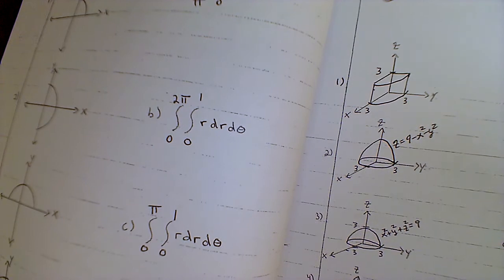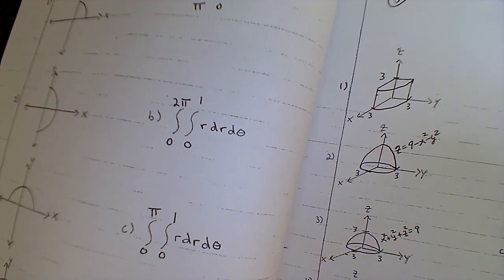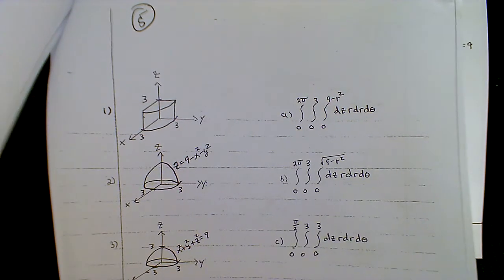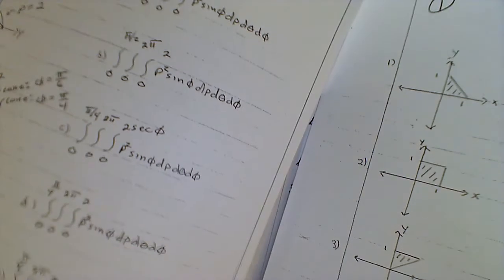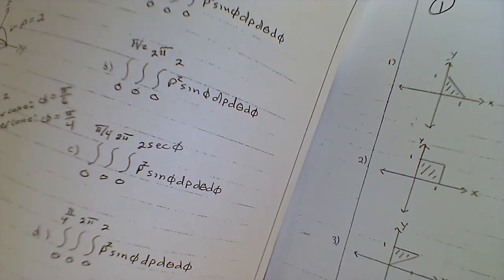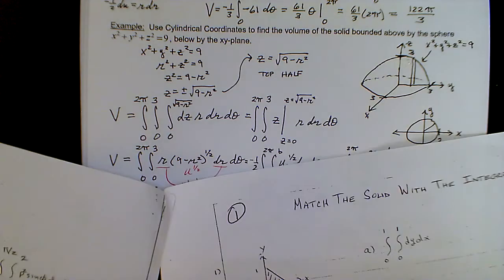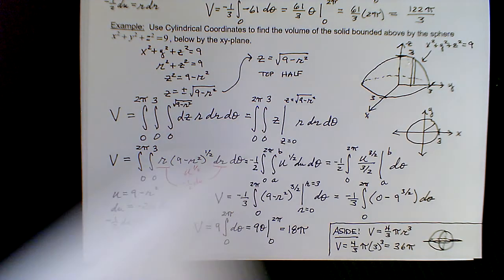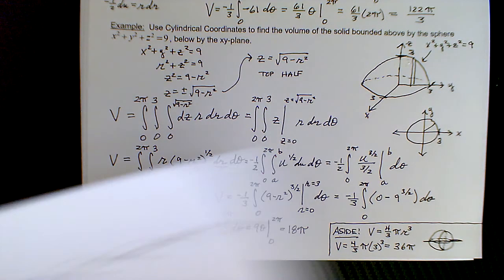You can see the last pages 4, 5, and 6 are polar. 4 is polar, 5 is cylindrical, and page 6 is spherical.